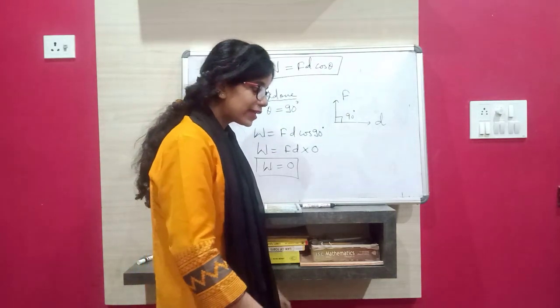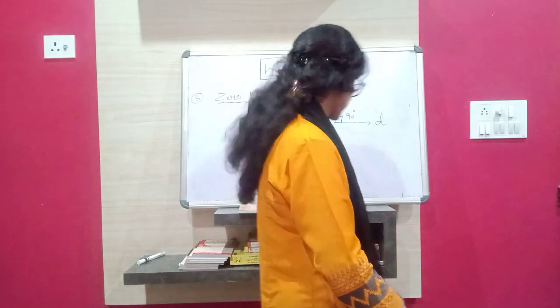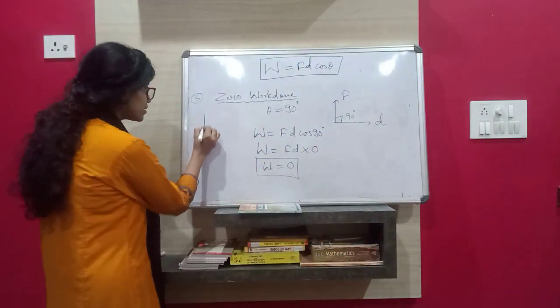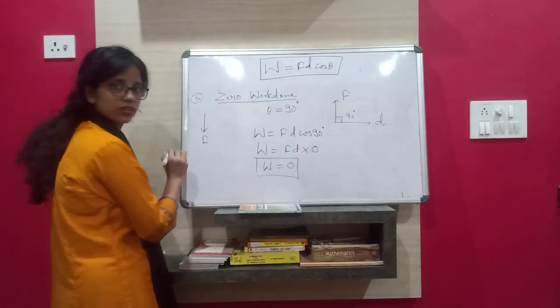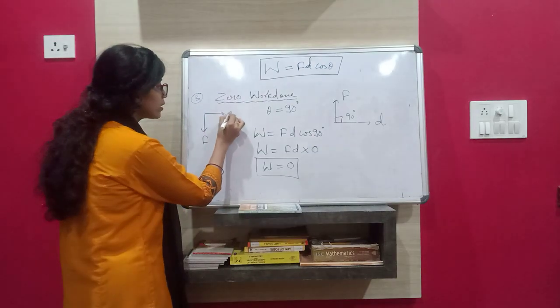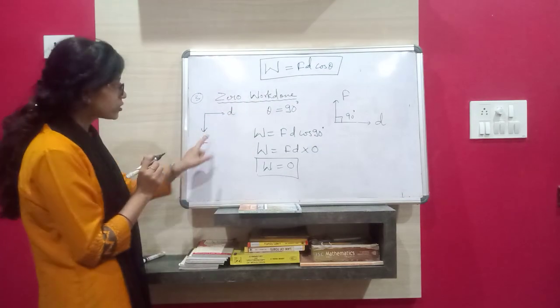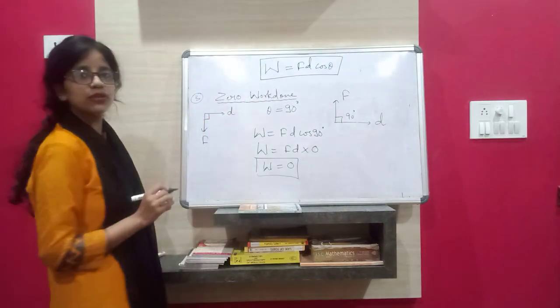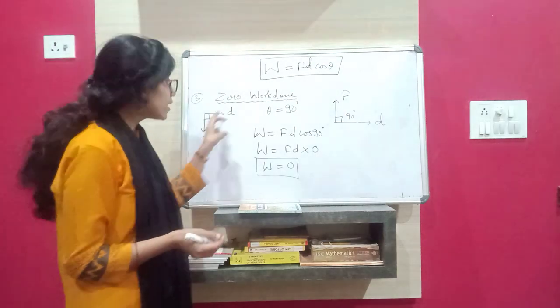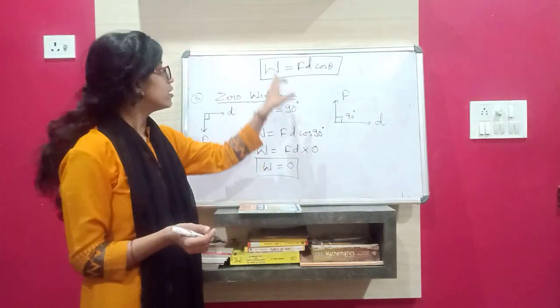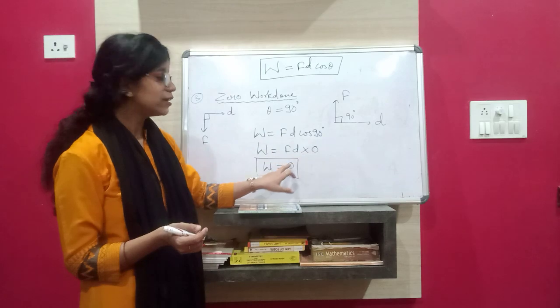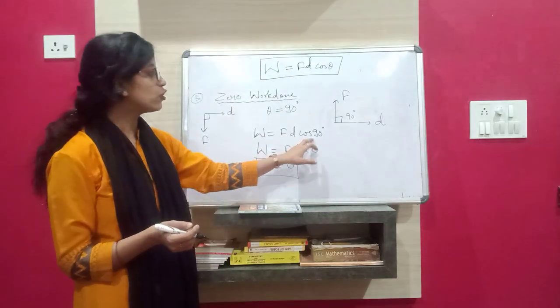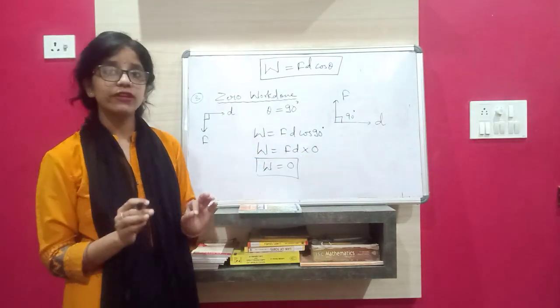But when you are moving in the forward direction, the weight is acting downward, and you are moving forward. So what is the angle between force and displacement? 90 degree. Whenever the angle is 90 degree, the work done will always be 0, because FD cos 90, and cos 90 will always be 0.